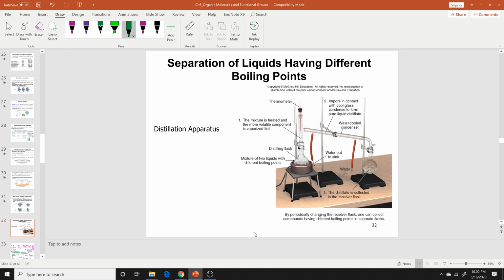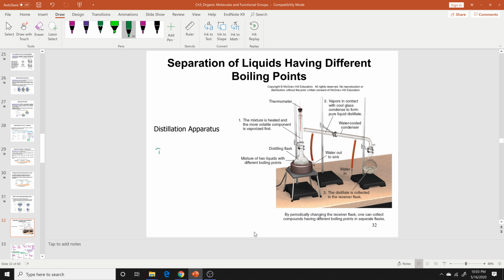In the lab, normally we can separate two compounds based on their boiling point. There are two types of techniques that we normally use, and we will use those two techniques in the lab, in order to separate compounds based on their boiling points.